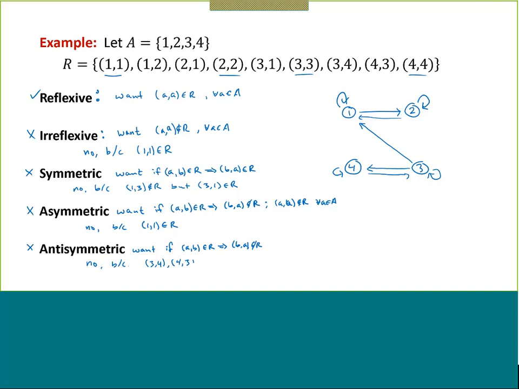Key thing about symmetry, asymmetry, and antisymmetry is in your connections between two different vertices, it's an all or none. Symmetry, all the connections have to be two-way or no connection whatsoever. Asymmetry, all the connections have to be a single arrow or none. Antisymmetry, all the connections have to be a single arrow or none. And the only difference between asymmetric and antisymmetric is if you look at the loops or not.